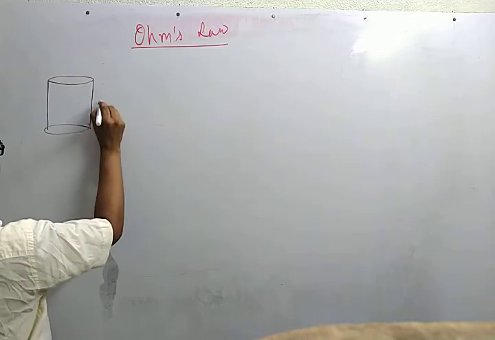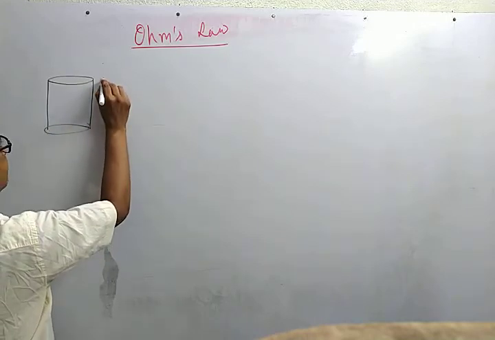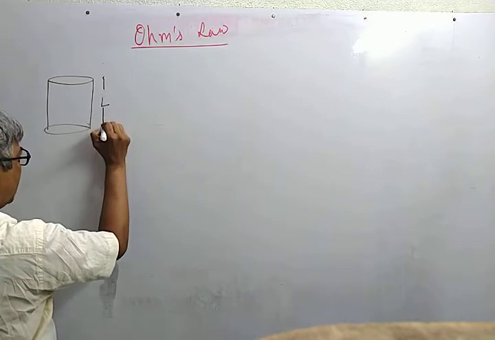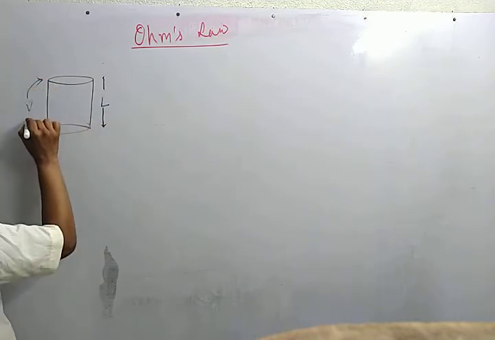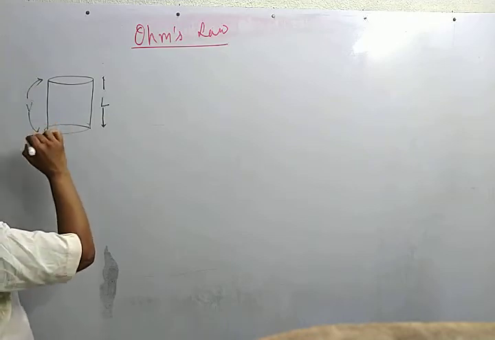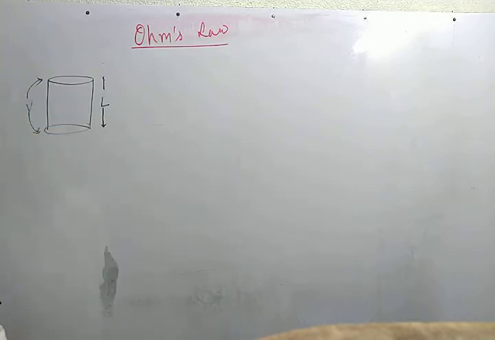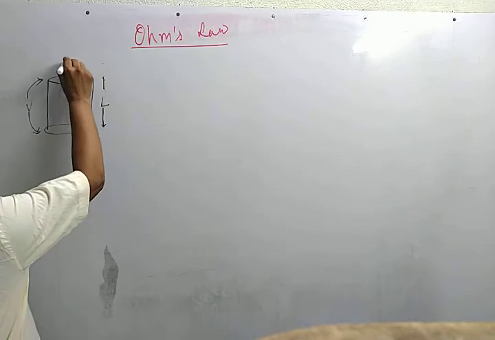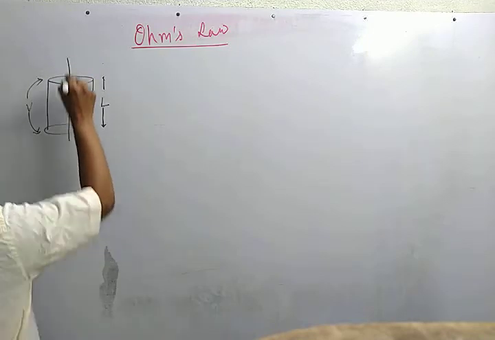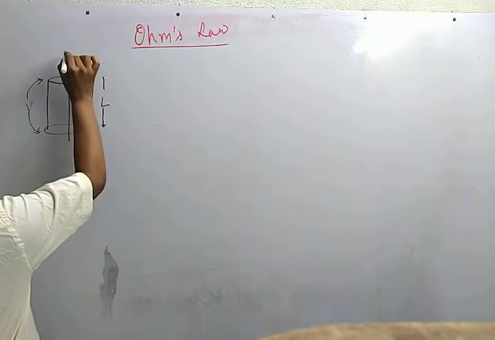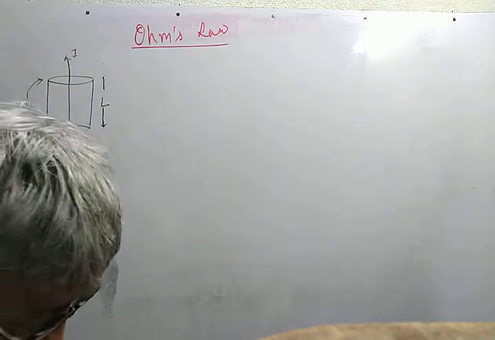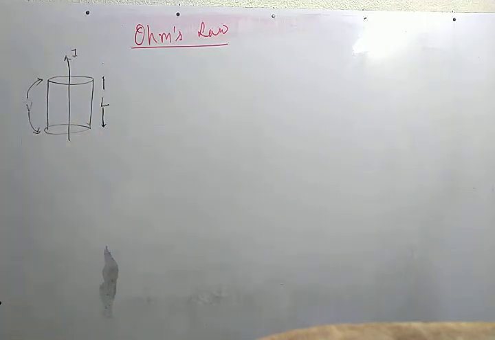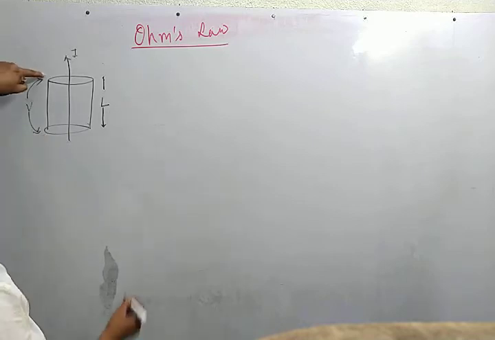It is a cylinder of length L, and the potential difference between its ends is V. Since the current is flowing, this is the axial direction, and the current is flowing in this axial direction. So it is a higher potential region, this is a lower potential region.